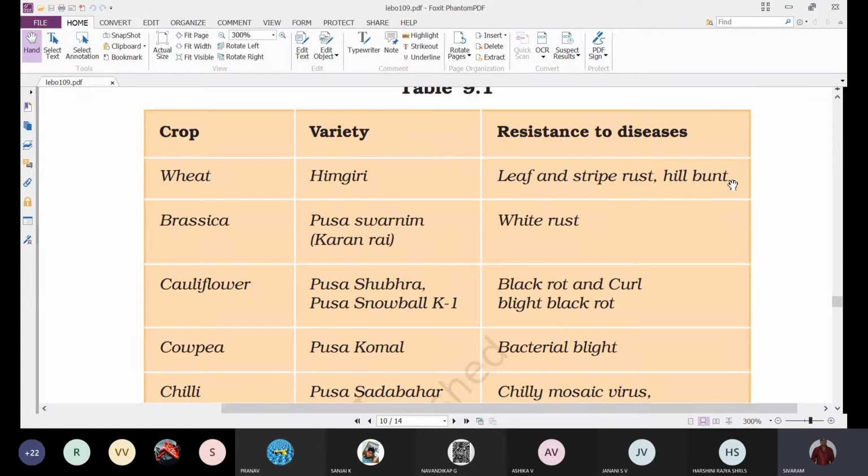In this variety, they developed resistance against white rust, an infection caused by fungi. We have developed resistance against this white rust.